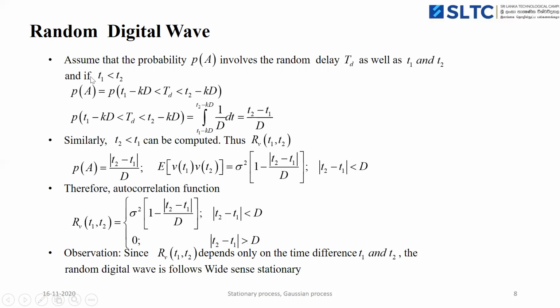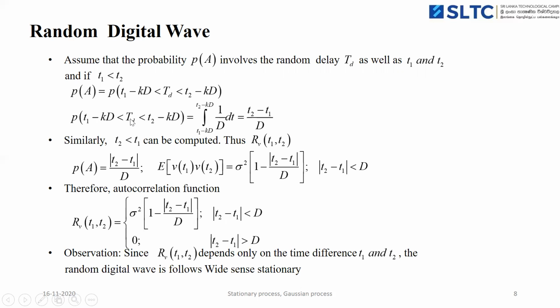Now, if t1 is less than t2, then for P of A you have to consider the probability of the event lying between t1 and t2. So assume k equal to 0, meaning the delay is lying between t1 and t2. In that case, the probability of the event is calculated by integrating, like averaging over the delay.